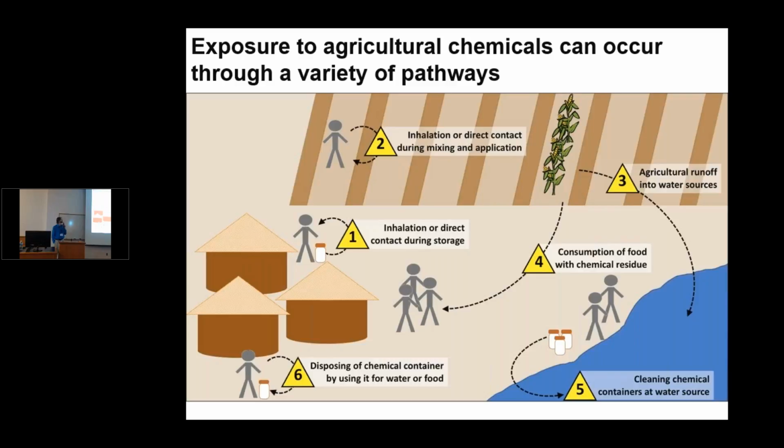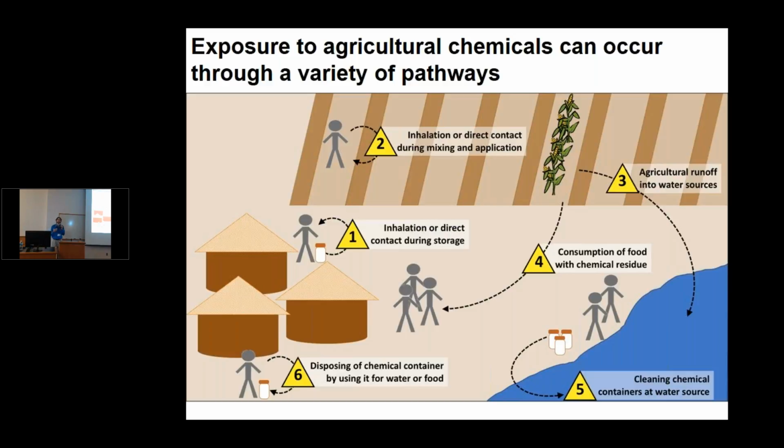And while we were there, we also identified a number of potential exposure pathways through which those health effects could be caused if people are coming into contact with these chemicals. These can range from in-home storage of fertilizers and pesticides, just coming into direct contact when you're storing them in your home.